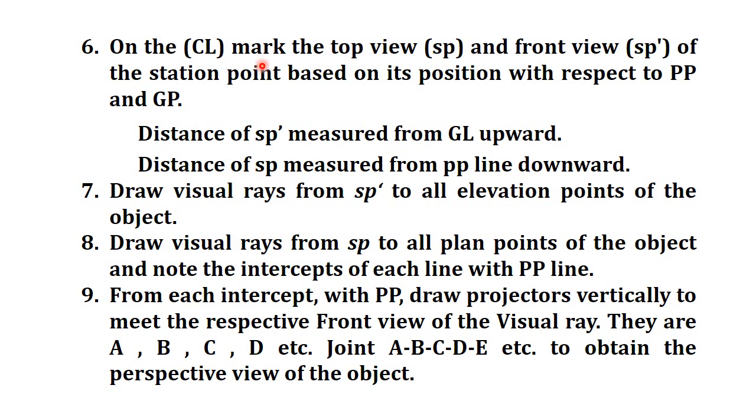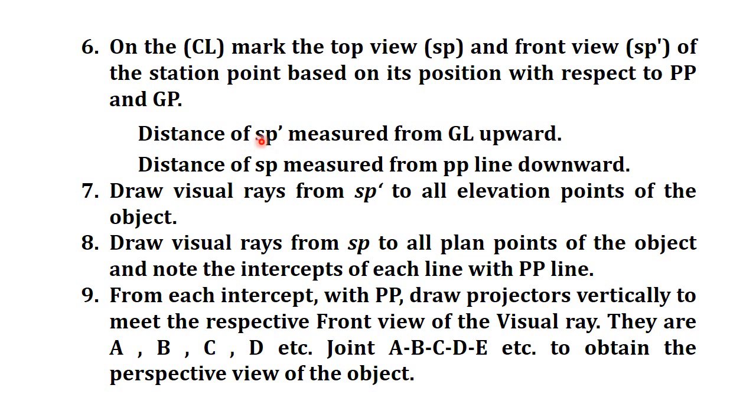Then on the central line, mark the top view of the station point and the front view of the station point, which is denoted with SP and SP dash, sometimes simply S and S dash, based on its position with respect to the picture plane and the ground plane.